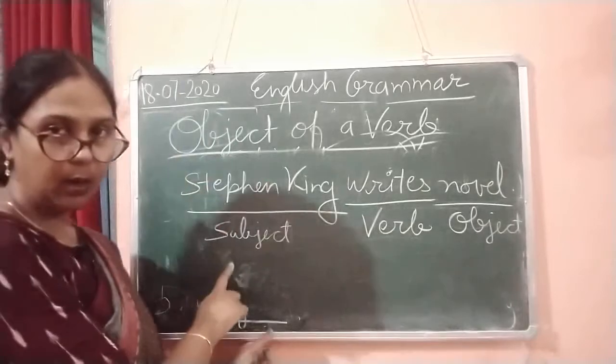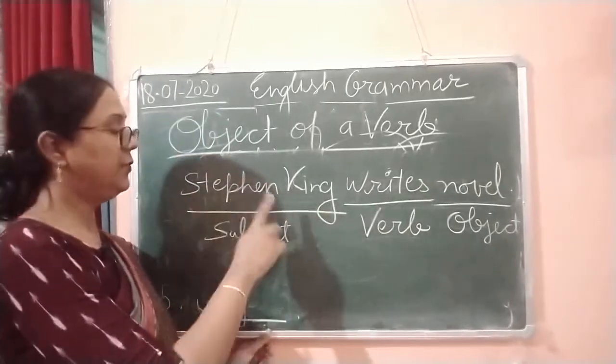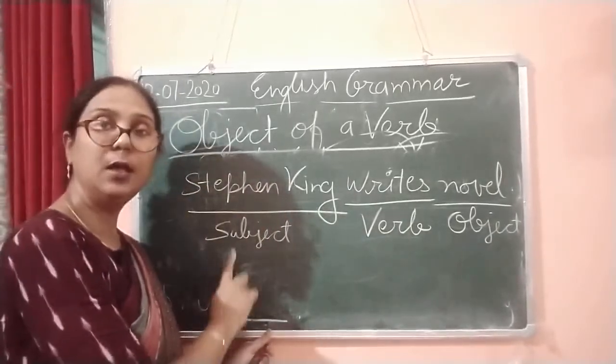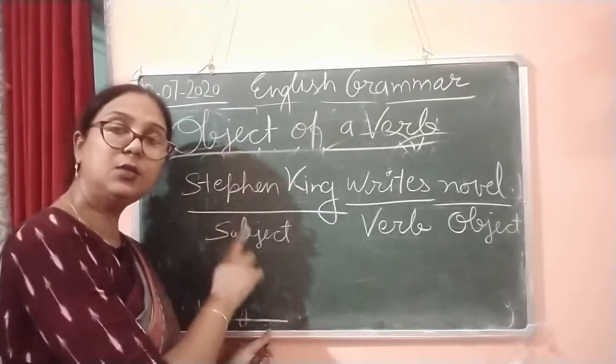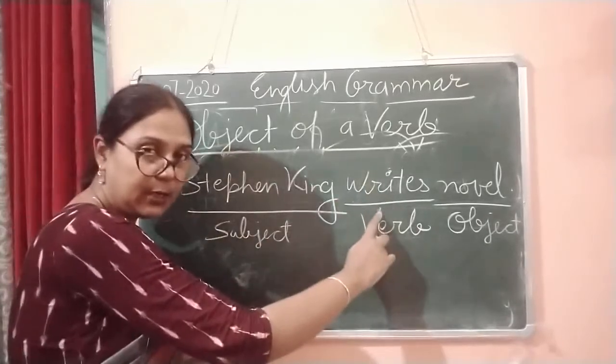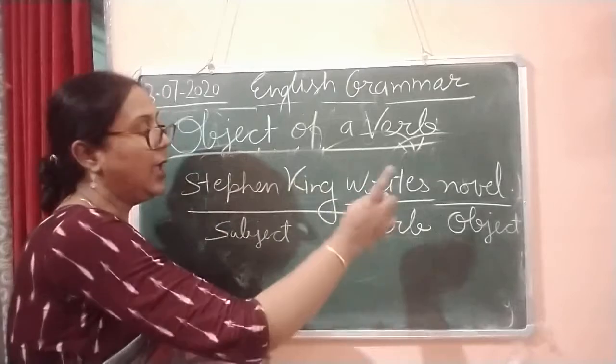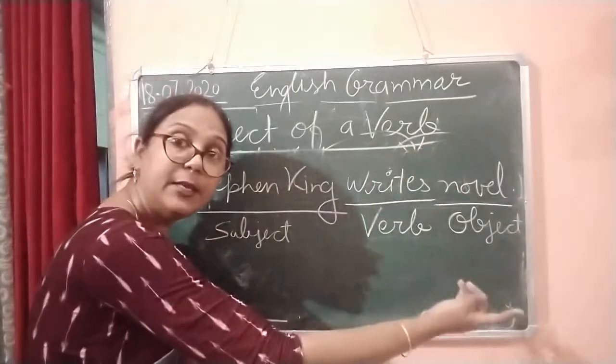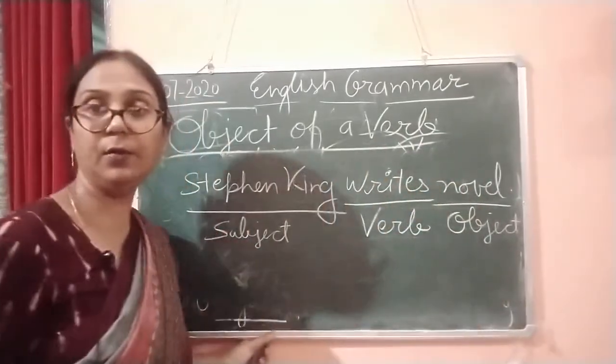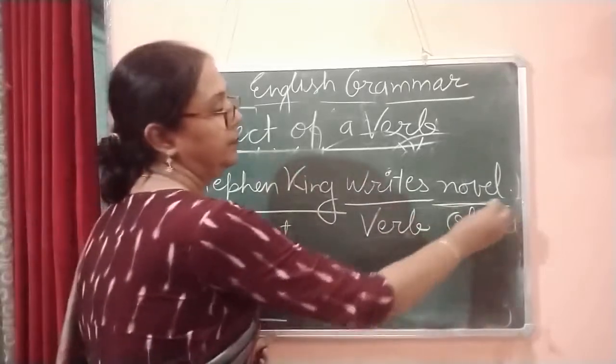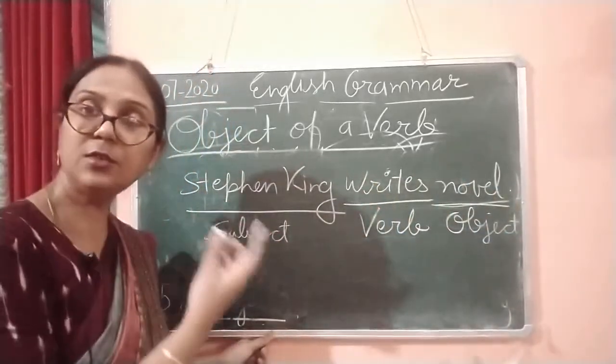So the doer, Stephen King is the doer, and what is he doing? He is writing. This is the verb. And what is he writing? He is writing novels. He writes novels.